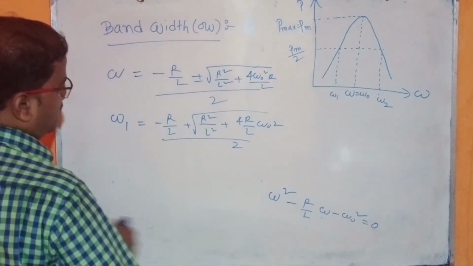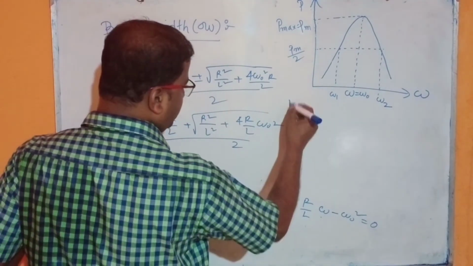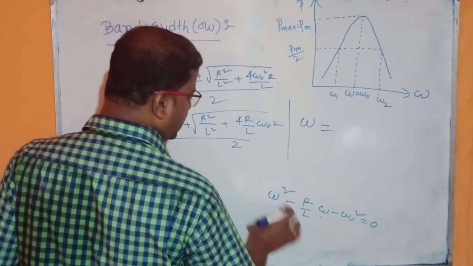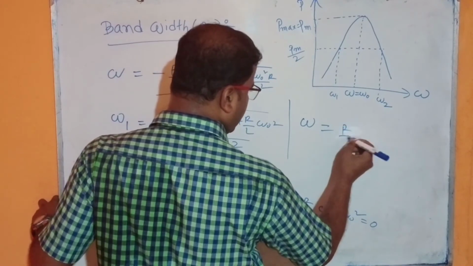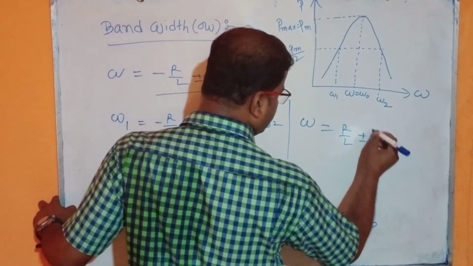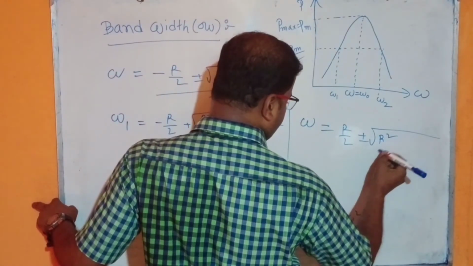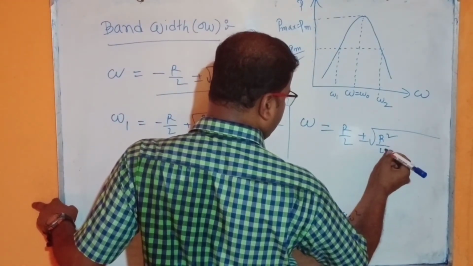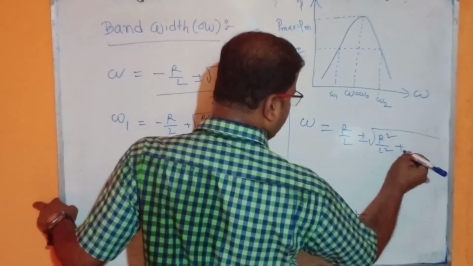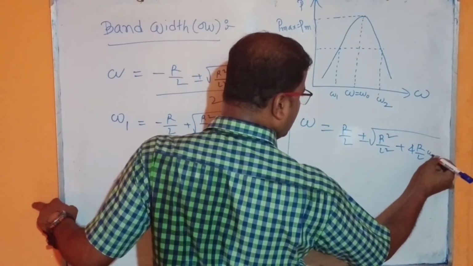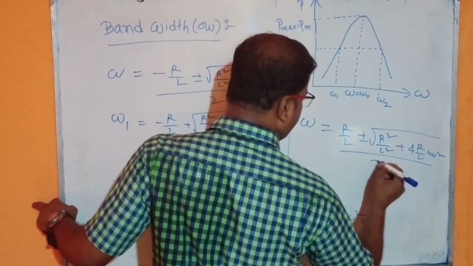Now from the other equation we get omega equal to plus R by L plus minus root over R square by L square plus 4 omega 0 square, by 2.